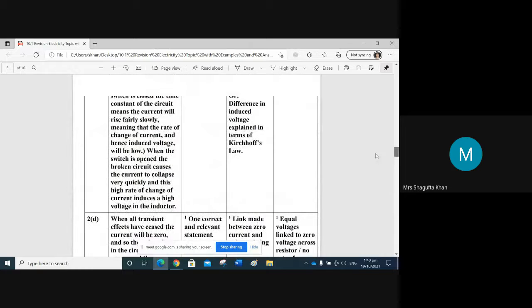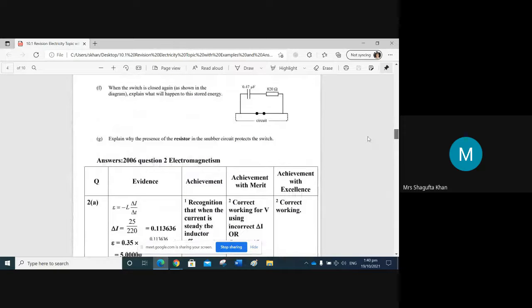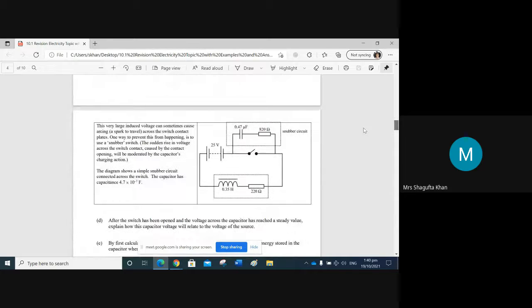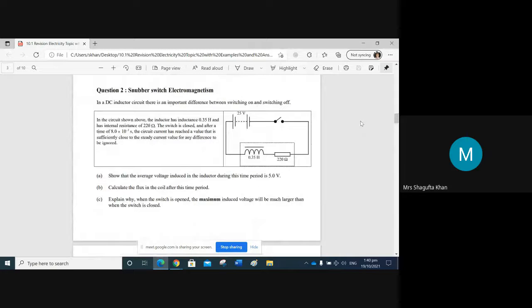As I mentioned, when the switch is closed, this inductor will have a voltage which will oppose the battery voltage because the magnetic flux is changing. This is called the back EMF because it's opposite to the battery voltage. That's why the current increases slowly, not instantly. But once the current becomes constant, there will be no voltage across this.